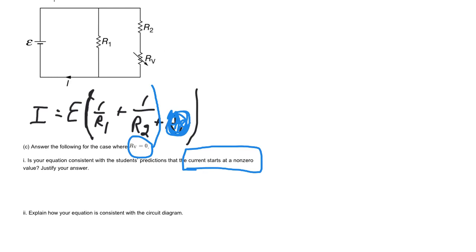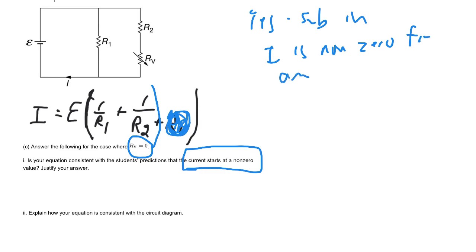So yes, I would do this substitution and show that it can't be 0. No matter what, I is non-zero for any value of R1 and R2.